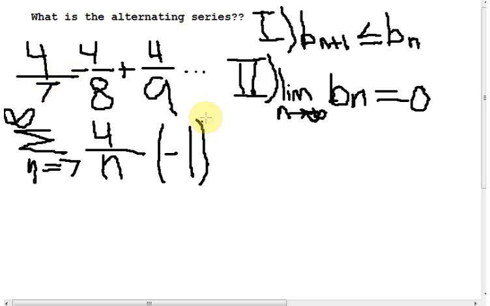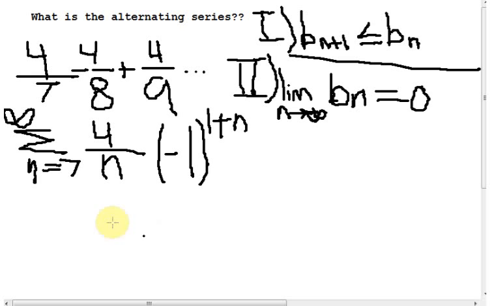So since the first term is positive, we'll raise it to a positive power, 1 plus n. So now that we have the formula, the sigma notation, we can start with the first test, which is to see if the n+1 term is smaller than the base term.